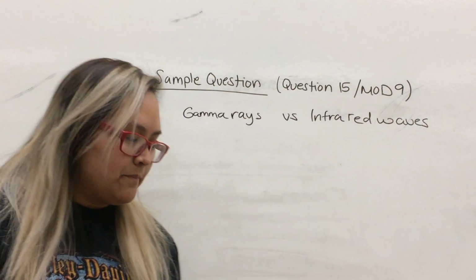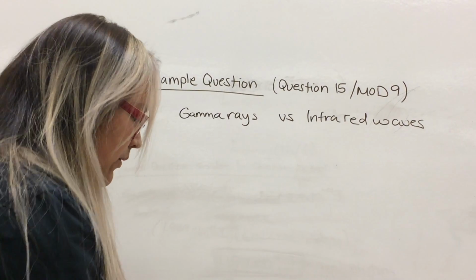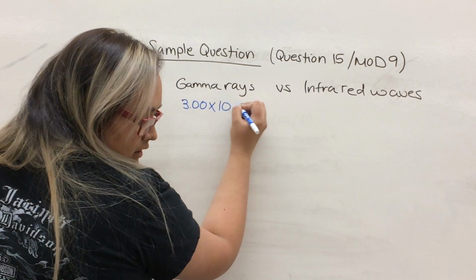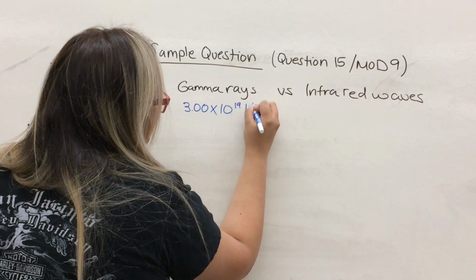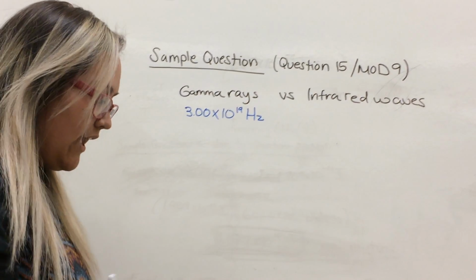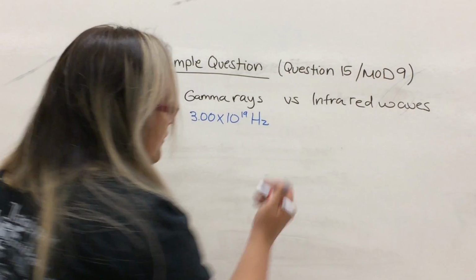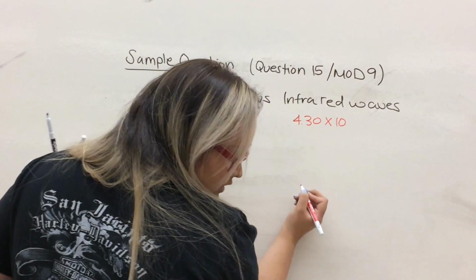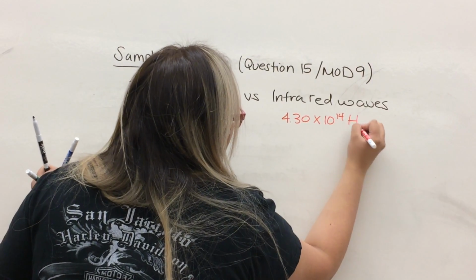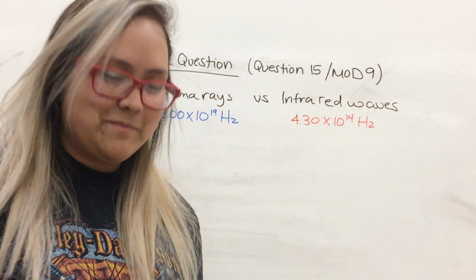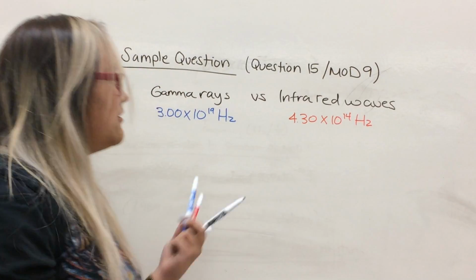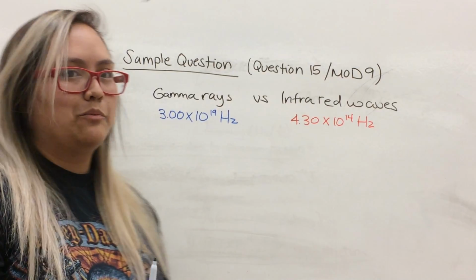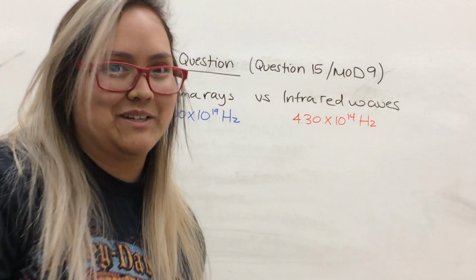A gamma ray has a frequency of approximately 3.00 times 10 to the 19 hertz, and infrared waves have a frequency of 4.30 times 10 to the 14 hertz. I'm not making these numbers up. They're actually the frequencies that go with the waves that we're talking about, so that's why I was looking down.